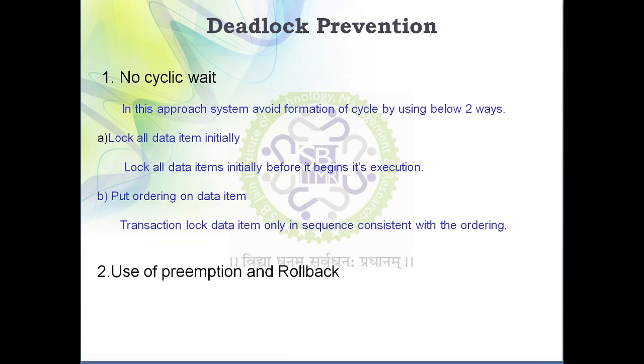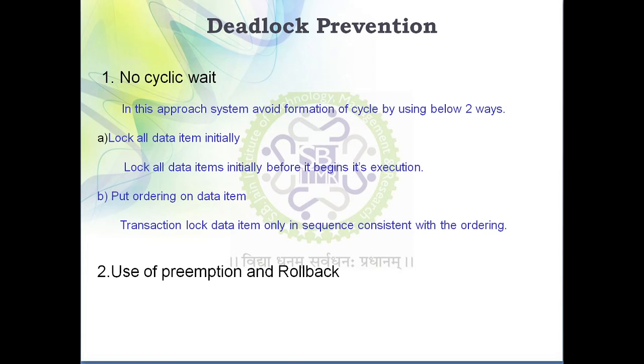And what is a rollback? Rollback means what? To represent the rollback, I will give a simple example, just like the signal example I just gave. Suppose the signal is not working properly, vehicles are coming from all sides and the signal is not working. In that case, to remove that deadlock situation, the policeman will ask vehicles on one side to roll back, means to move in the reverse direction, so that other vehicles can pass on that particular road.